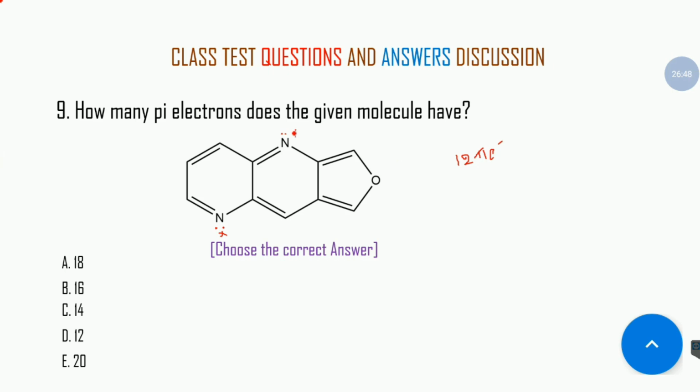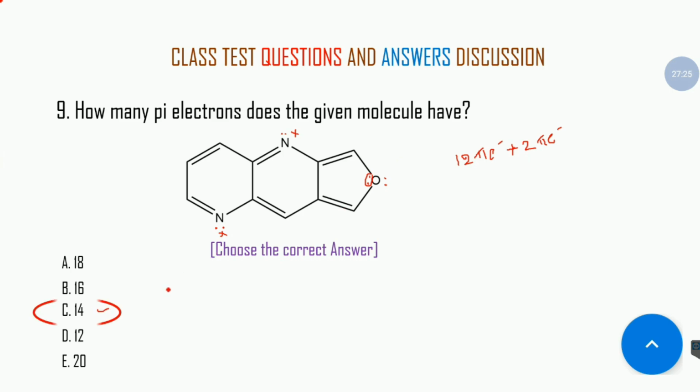But here the oxygen is not directly attached to a pi bond, so of its two lone pairs, only one pair participates in delocalization, because the double bond, single bond conjugation is maintained by the lone pair, again single bond, again double bond. So this one will be counted. So 2 pi electrons, total 12 plus 2, that is 14. Your correct answer is 14.